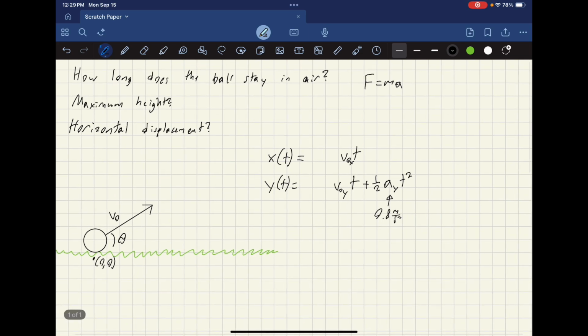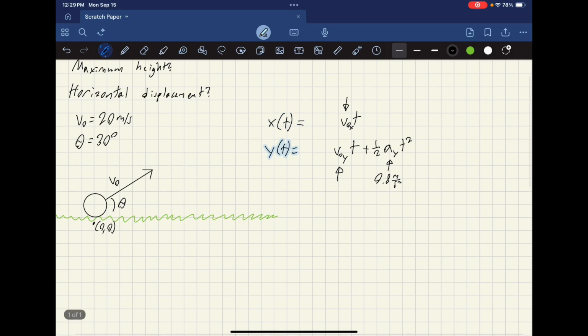The next thing we're going to need is v naught x and v naught y. Let's say that v naught equals 20 meters per second, and this theta from horizontal equals 30 degrees. Using trigonometry, we can calculate v naught x and v naught y.